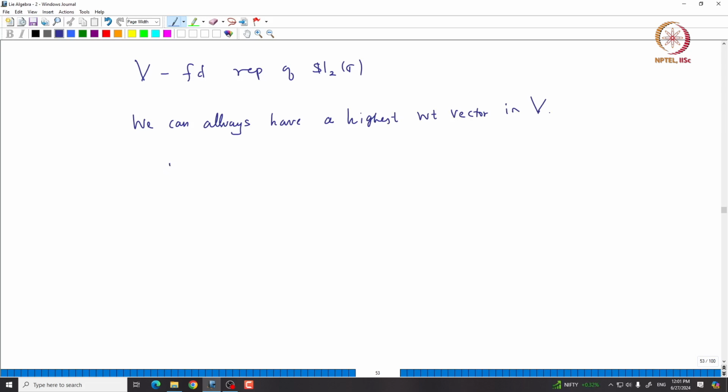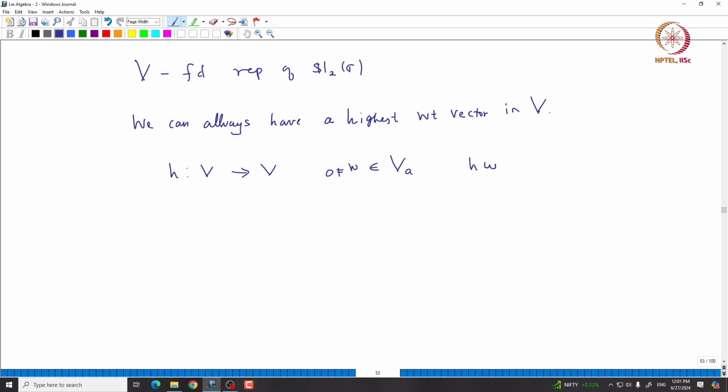So, let us look at the operator H that is acting on capital V. Then because H is acting on a finite dimensional space, it must have an eigenvalue. Let us take the vector W to be an eigenvector of H with eigenvalue a.